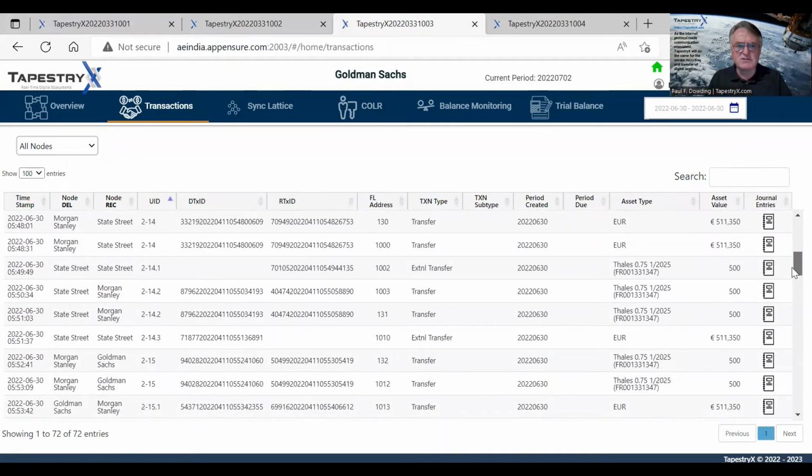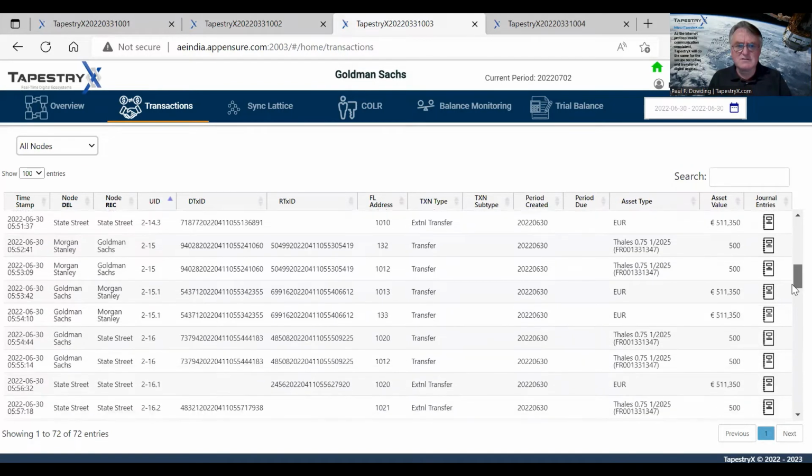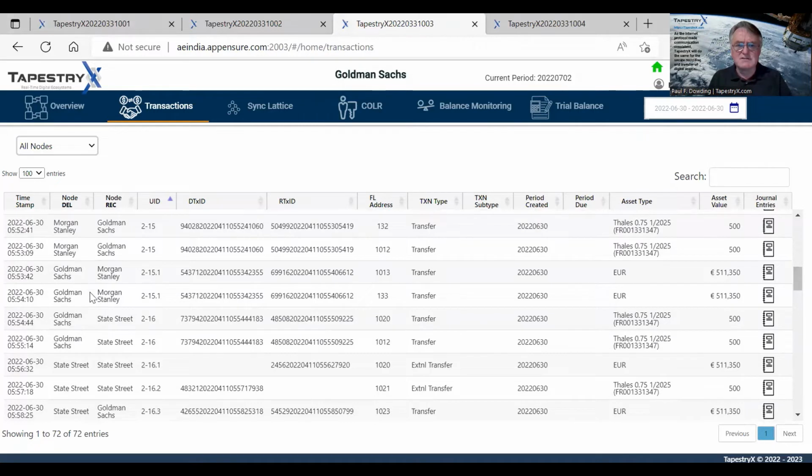So we're actually going to show you Morgan Stanley is delivering to State Street, the airlock, euros to buy a French corporate bond. So there's basically the receipt in. You can see the external transfer from State Street, receiving it in. And then, interesting enough, Morgan Stanley then sells it to Goldman Sachs. So this is just a normal buy and sell of the corporate bond versus euros.